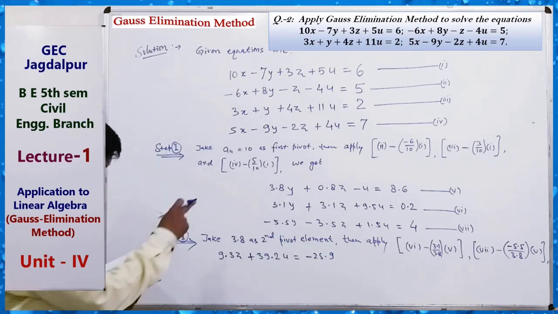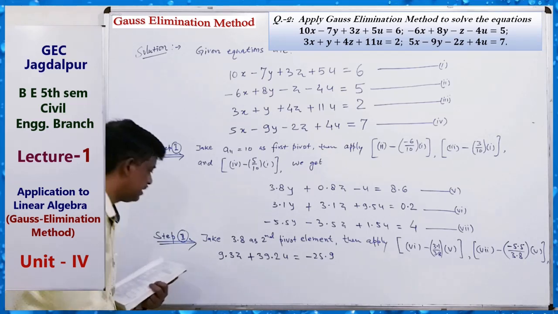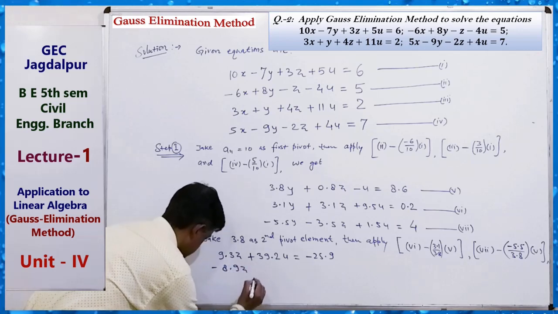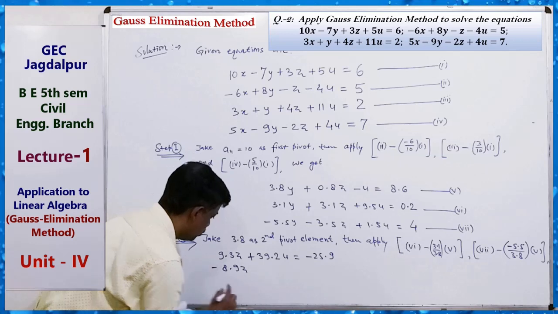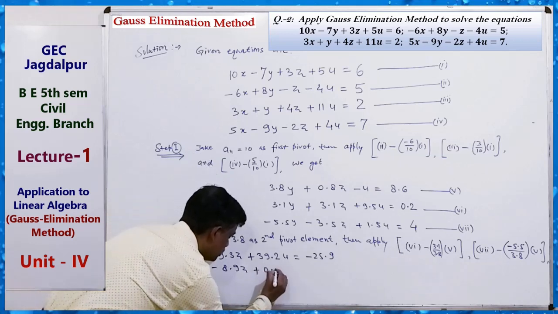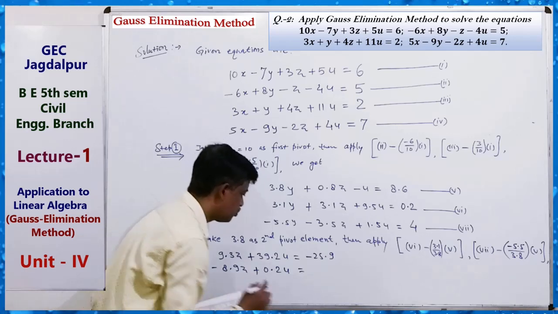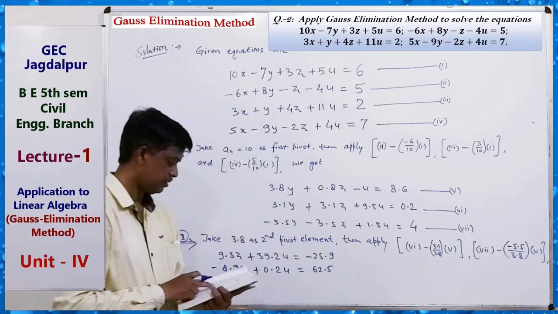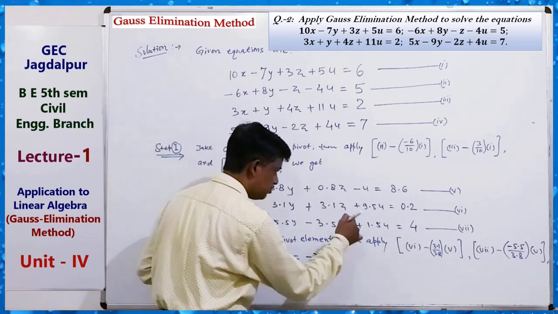And the second line will change like this: minus 8.9 Z plus 0.2 U equals to 62.5. Clear? So just name it, the converted equation of this.